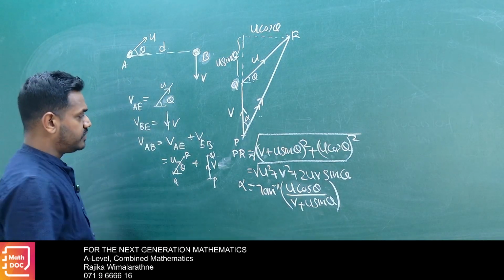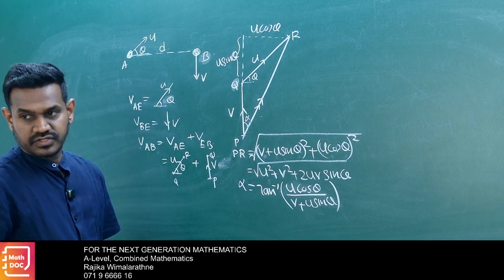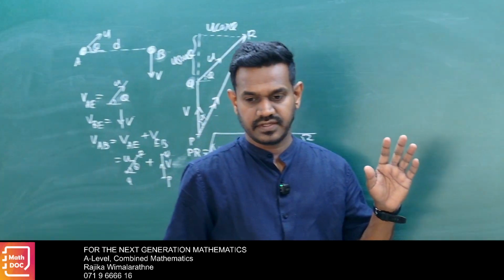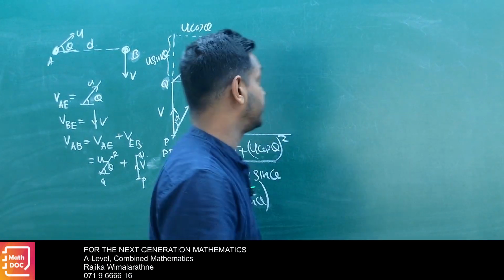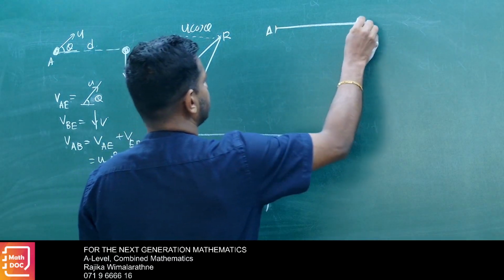So now we know the velocity of A with respect to B. Now B is at rest. It's better to sketch the relative path or relative locus. Let's sketch it. Now A here, B here.